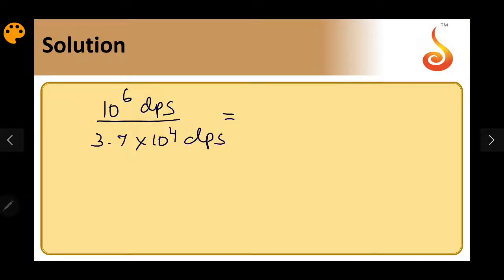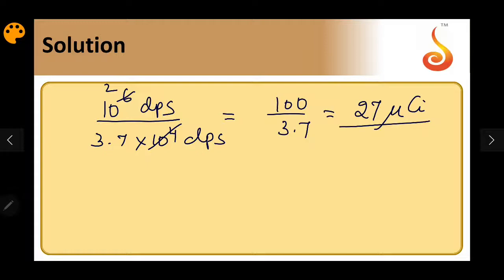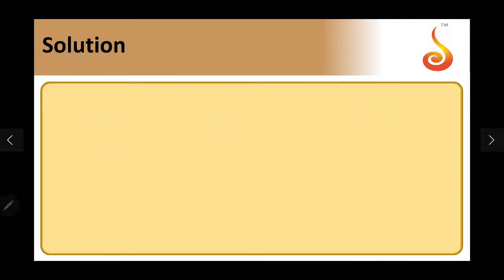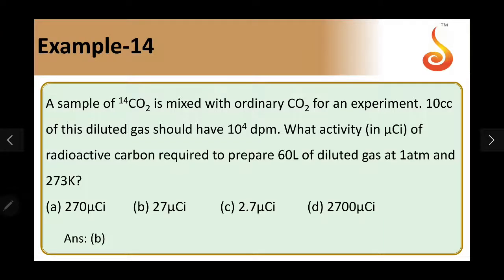This becomes 100 by 3.7, approximately 27 microcurie. So the answer is 27 microcurie of carbon required to prepare 60 liters of CO2. Going to the options, 27 microcurie is option B.